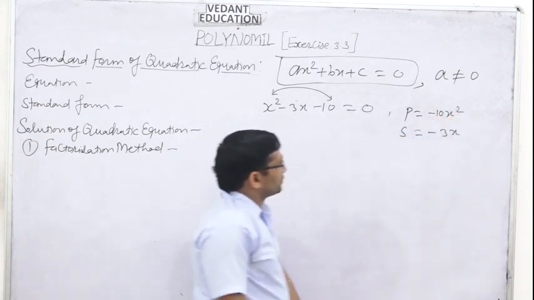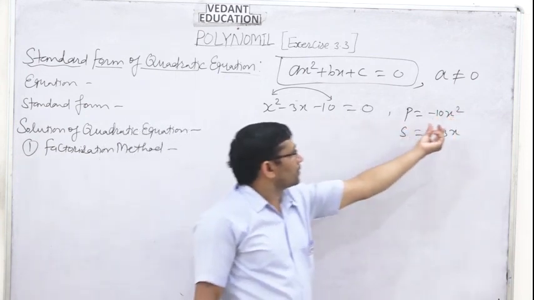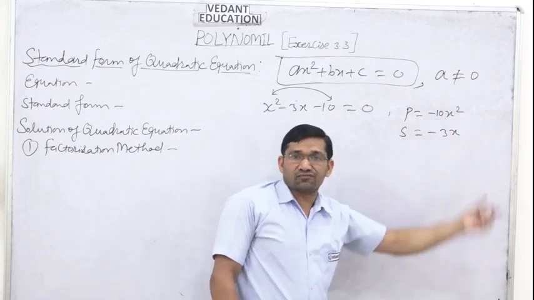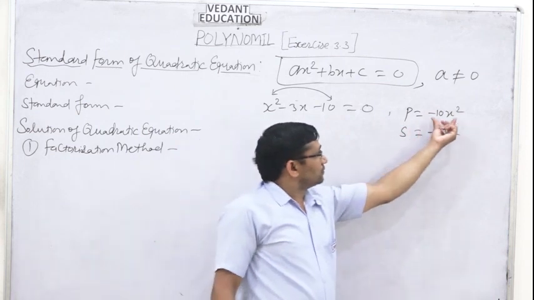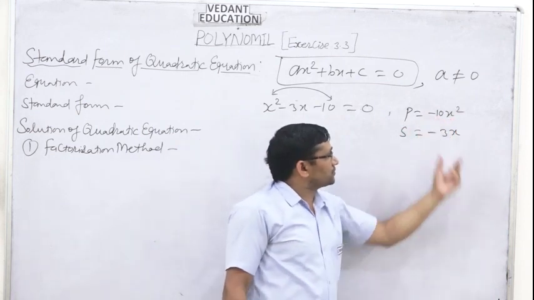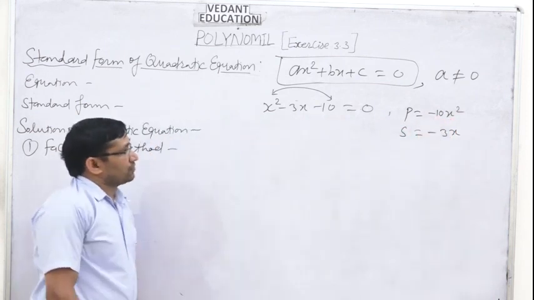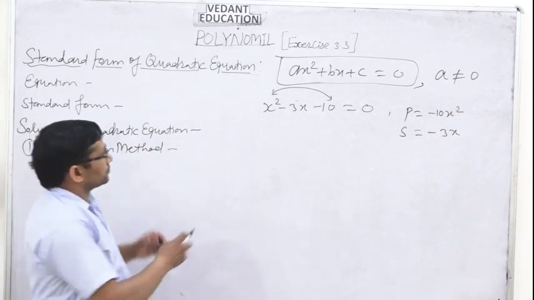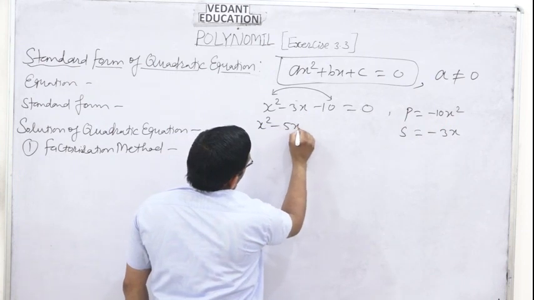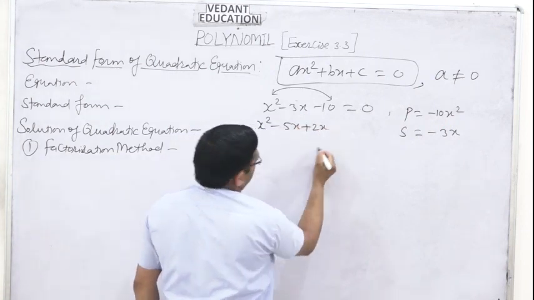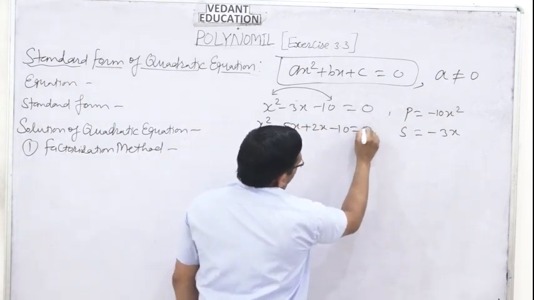So coefficient of product is minus 10. So we write here x square minus 5x plus 2x minus 10 is equal to 0.